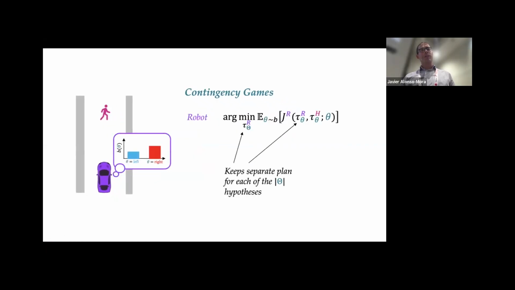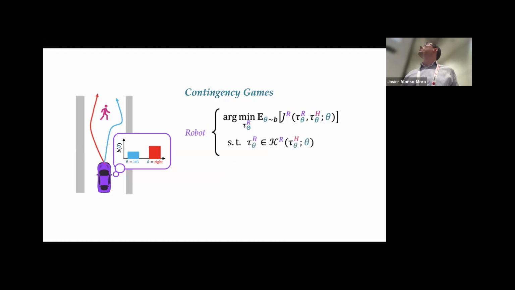You make it consistent by formulating your optimization problem where you keep separate predictions for the other agent, the human in this case. You compute a trajectory assuming that the human goes right, and a trajectory assuming that the human goes left. And then you have a weighted sum of these, so you account for the weights of each of them. That's the probability distribution that we have. And then we are going to optimize for that, subject to the constraints that the trajectories that we compute for our robot all need to be safe.